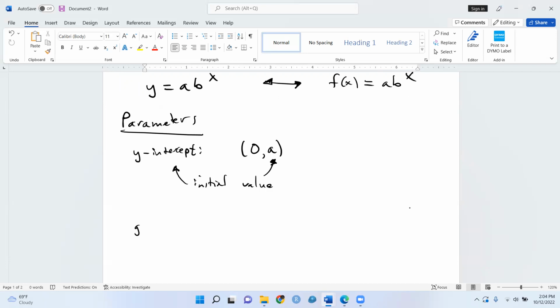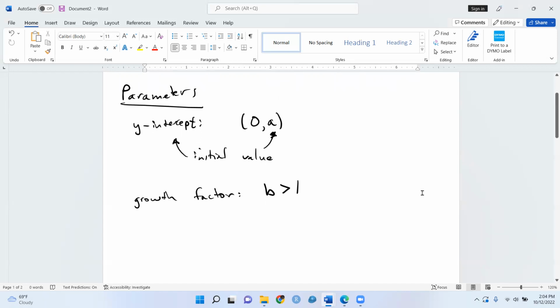So let me put it all together. The first one we looked at is a growth factor. That's the name for it, and that is b when b is a number larger than 1. What we have connected to that is the growth rate.